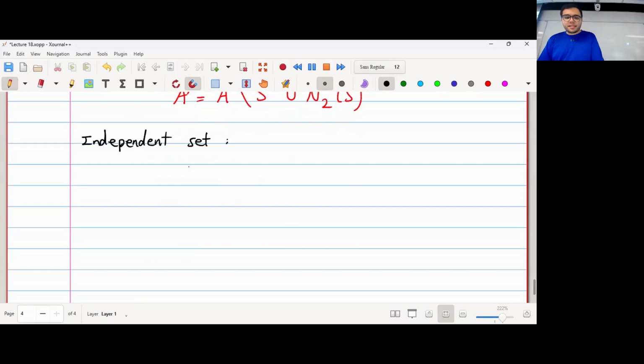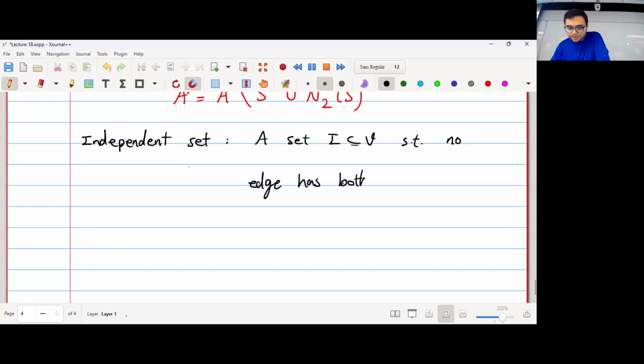An independent set is just a set I of vertices such that no edge has both endpoints in I. So the idea here is that if I remove all the other vertices and only keep the vertices in I, there will be no edge connecting two of them. Okay.